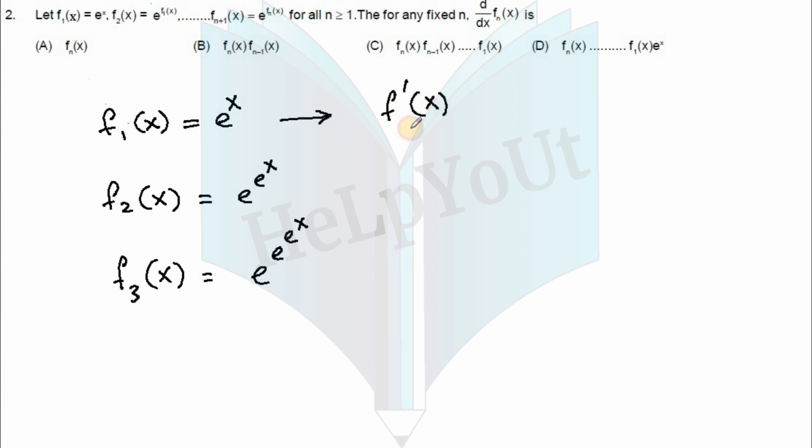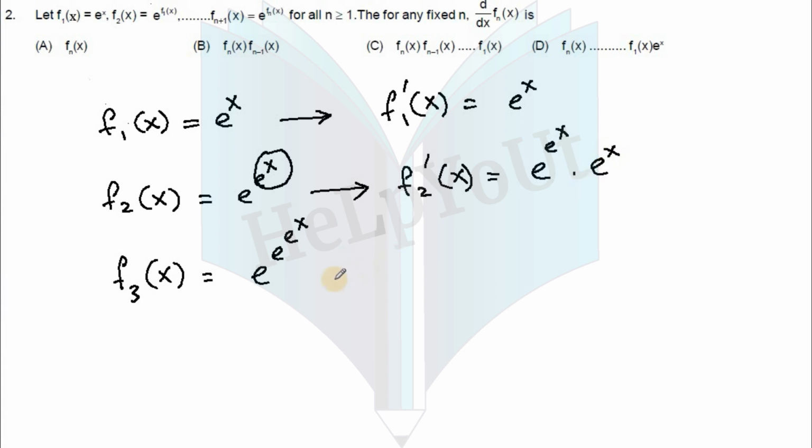If we differentiate that, then the first derivative of f1(x) is e to the power x. If we differentiate f2(x), then for e to the power z, let this be z. We know the derivative of e to the power z is e to the power z. So e to the power x will come back, and then we have to differentiate this for the chain rule. That will be e to the power x again.